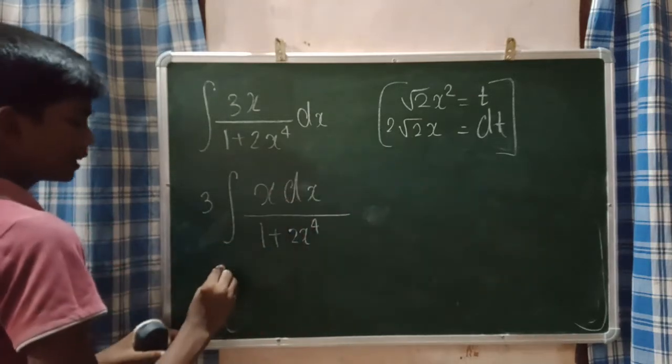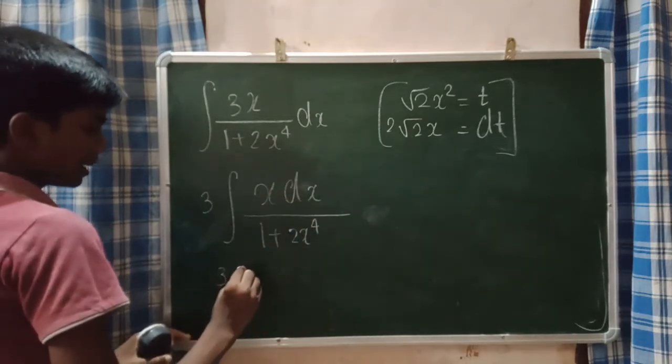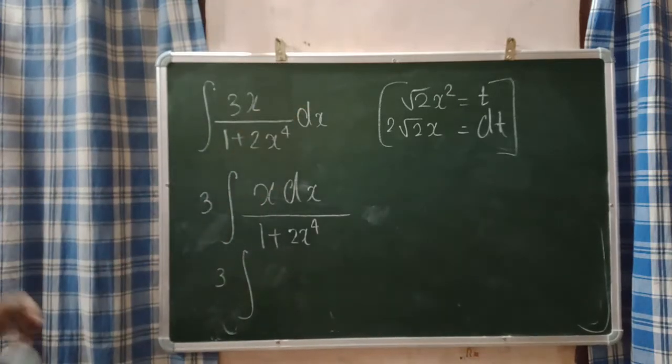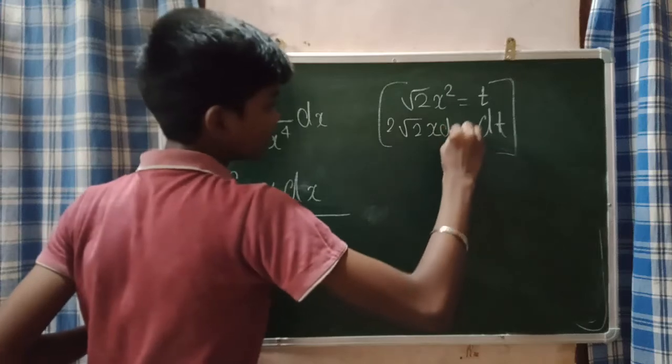Now use the substitution. I will get 3 into the integral of x dx. If 2 root 2x dx is dt, guys, I forgot to write dx now.